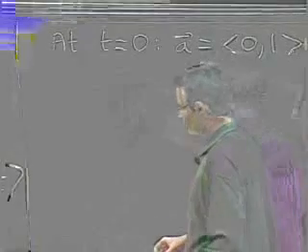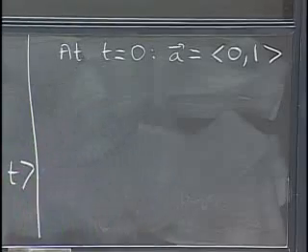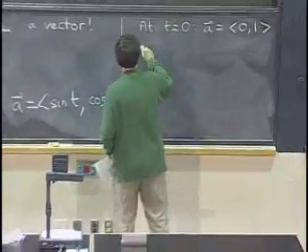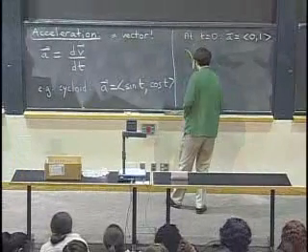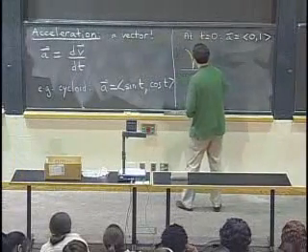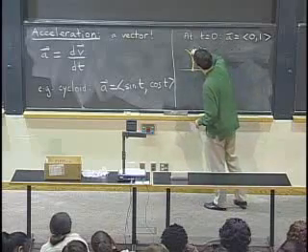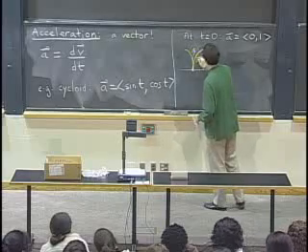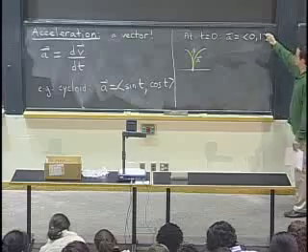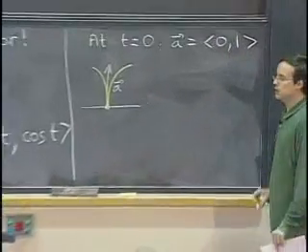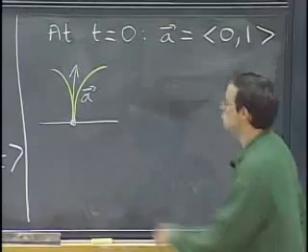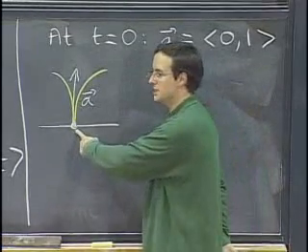So what that means is that if I look at my trajectory at this point, well, then the acceleration vector is pointing in that direction. It's the unit vector in the vertical direction. So my point is not moving at that particular time, but it's accelerating up.